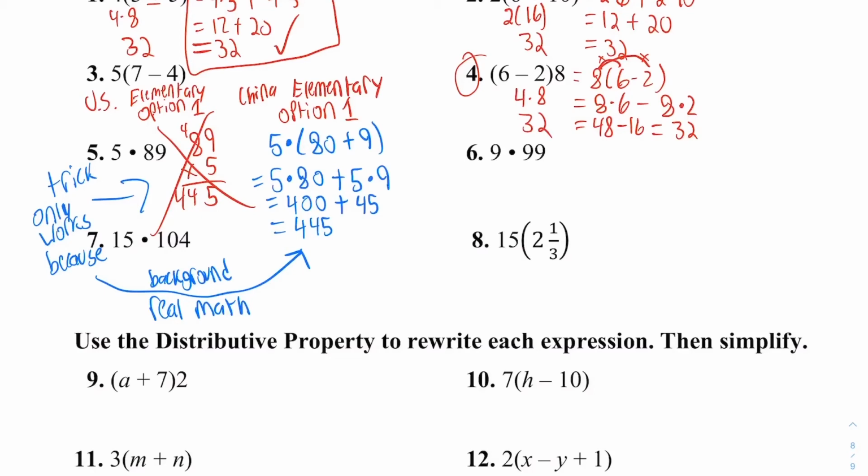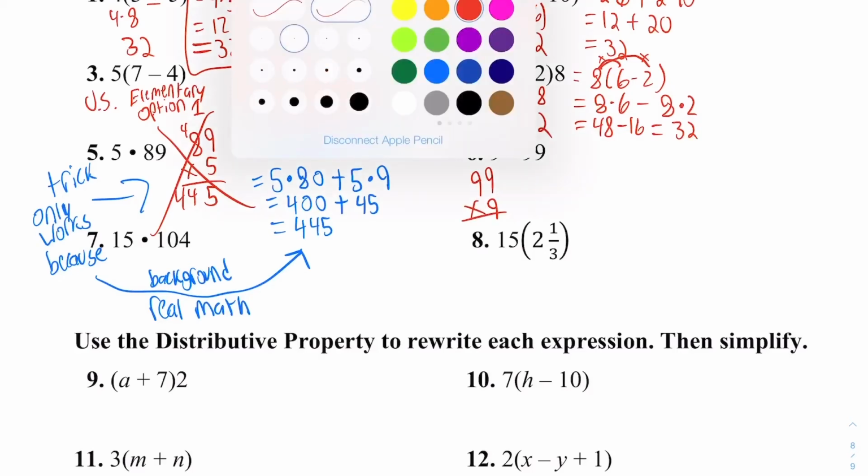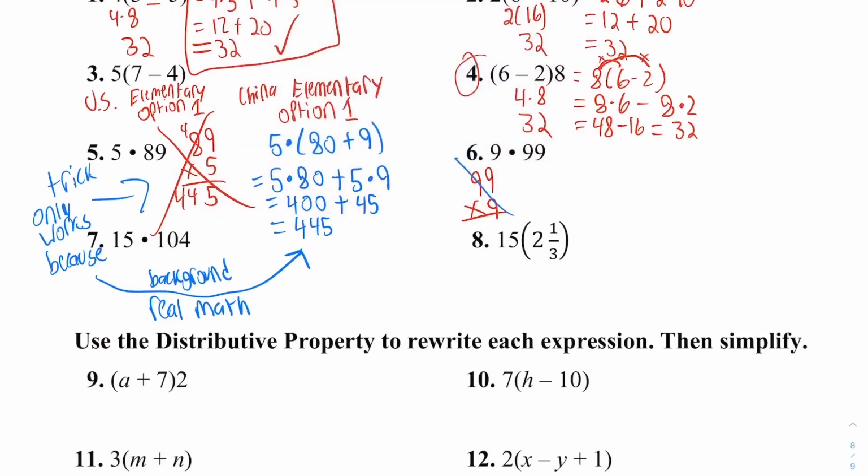In number 6, we have 9 times 99. So the old way you would do that is 99 times 9, and then you would do your multiplication. The better way to do it is 9 times, and we want two numbers that make 99.